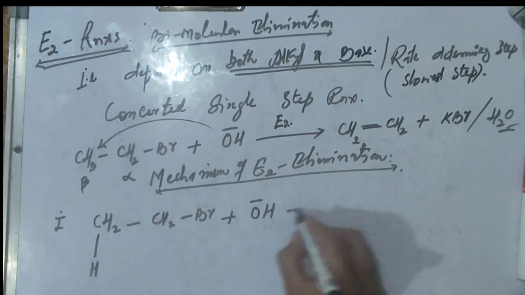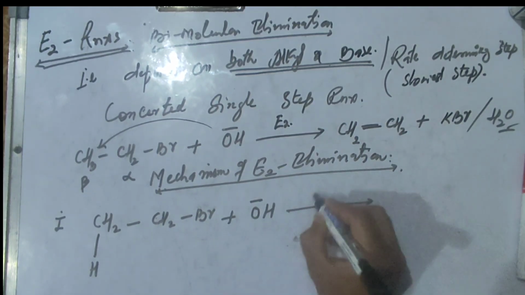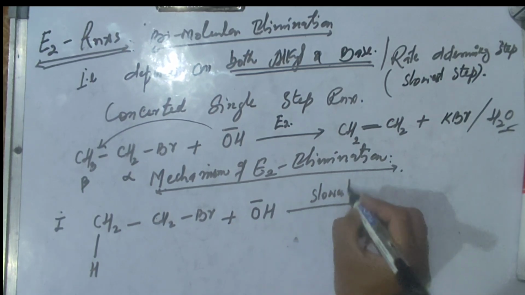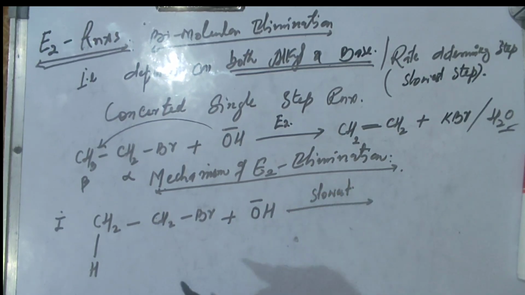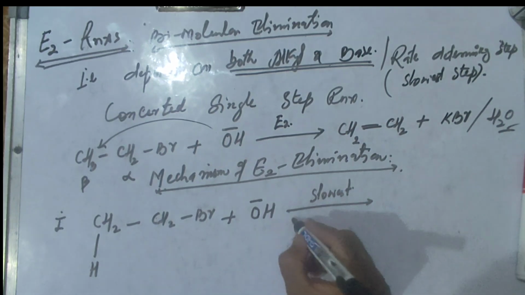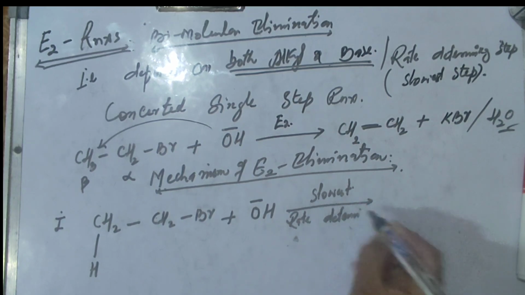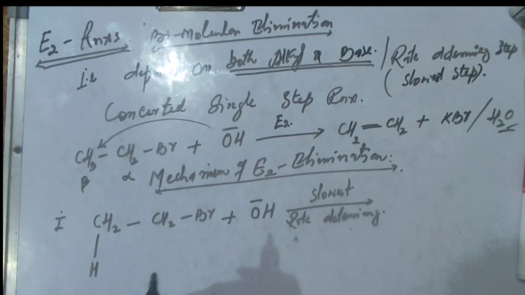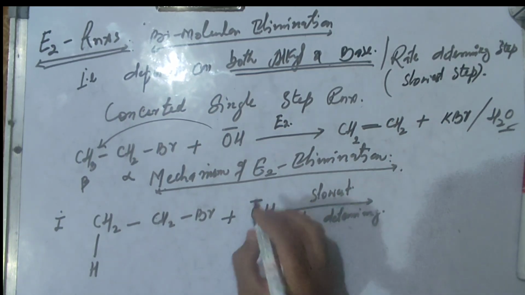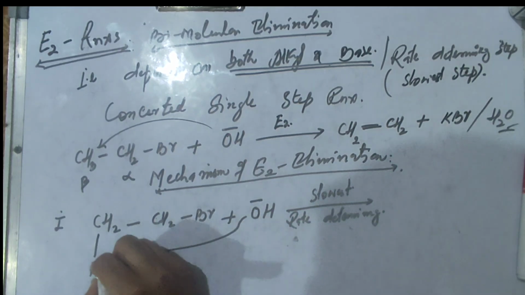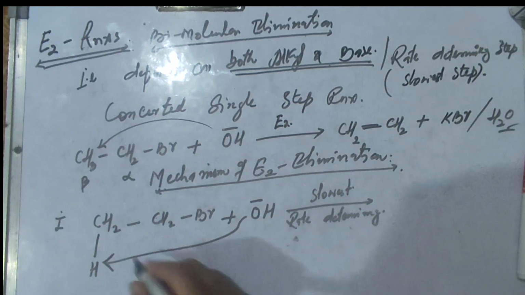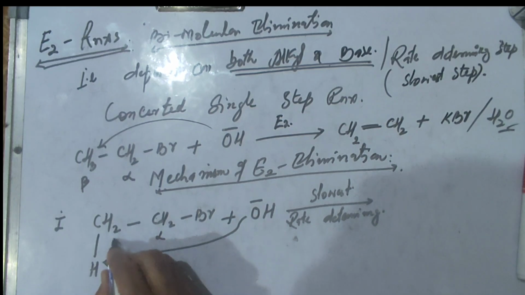What actually happens in case of this E2 is that this is usually the slowest step and rate determining step. That means both these are involved in this rate determining step. The slowest step is actually the rate determining step of these E2 reactions. This base actually attacks the beta hydrogen of the alkyl halide, this is alpha, beta.